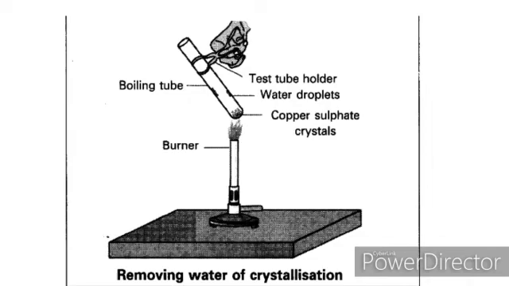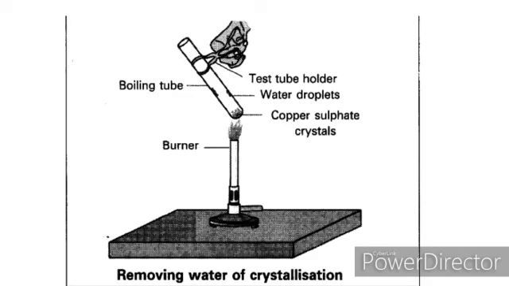When hydrated salt loses its water molecules because of heating, it turns into anhydrous salt. So here blue colored copper sulfate turns white in color. And again, when you add 2 or 3 drops of water, when you moisten that, then it regains its blue color.